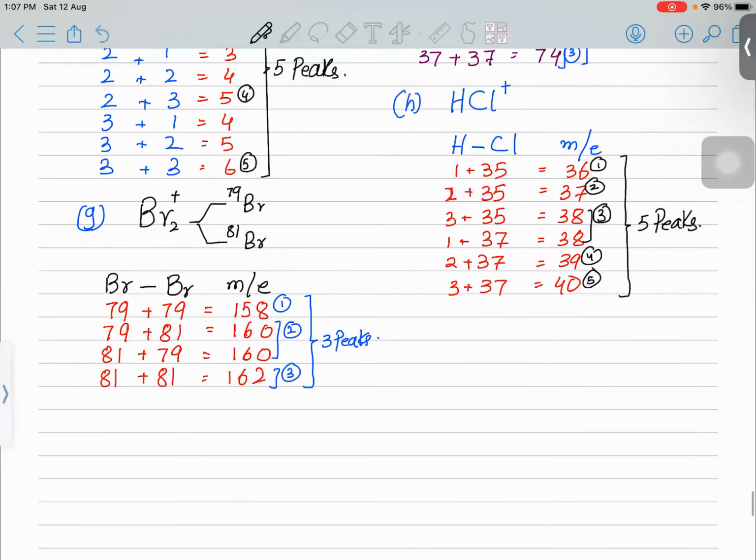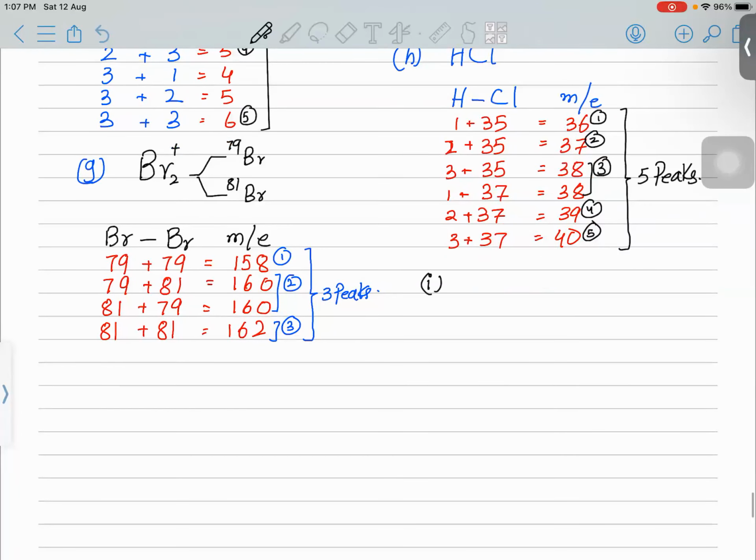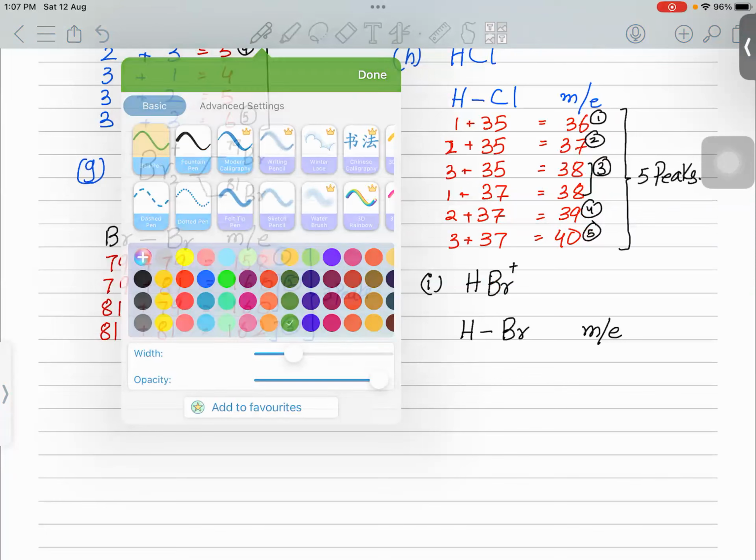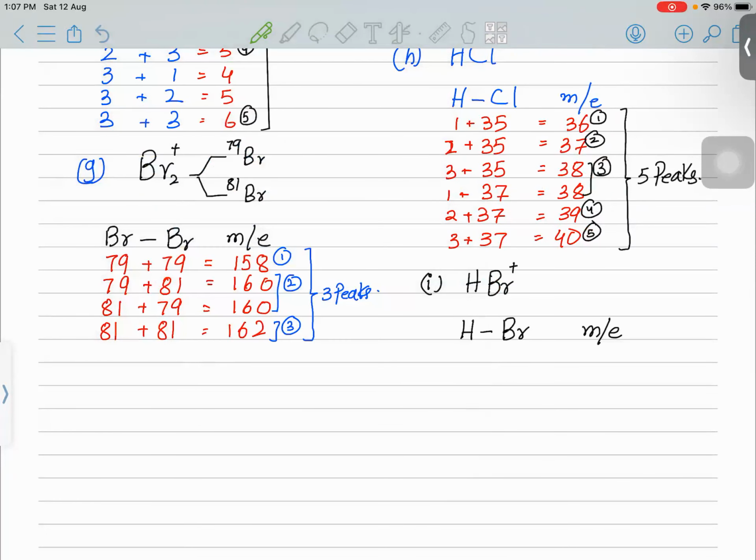Now next is HBr positive. HBr, mass over charge. Yes, again tell me. HBr. So 1 with 79, 2 with 79, 3 with 79. Then 1 with 81, 2 with 81, 3 with 81.